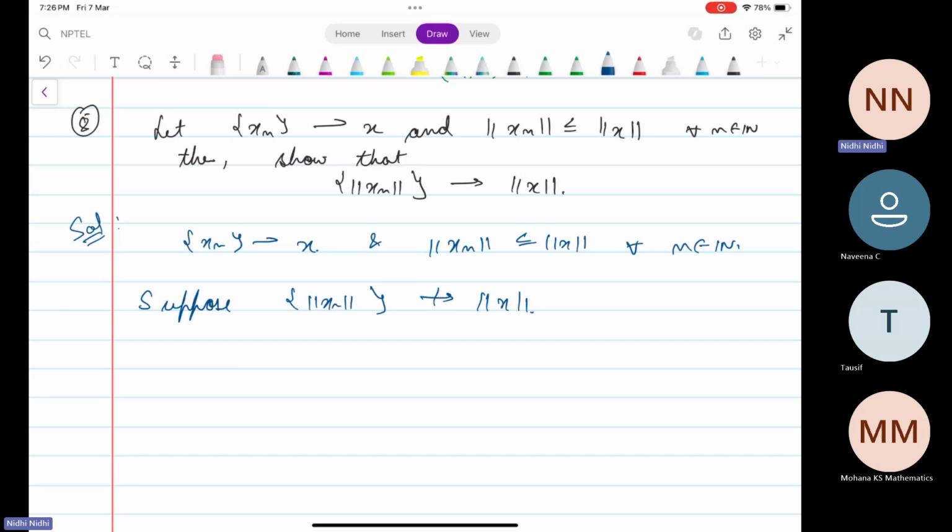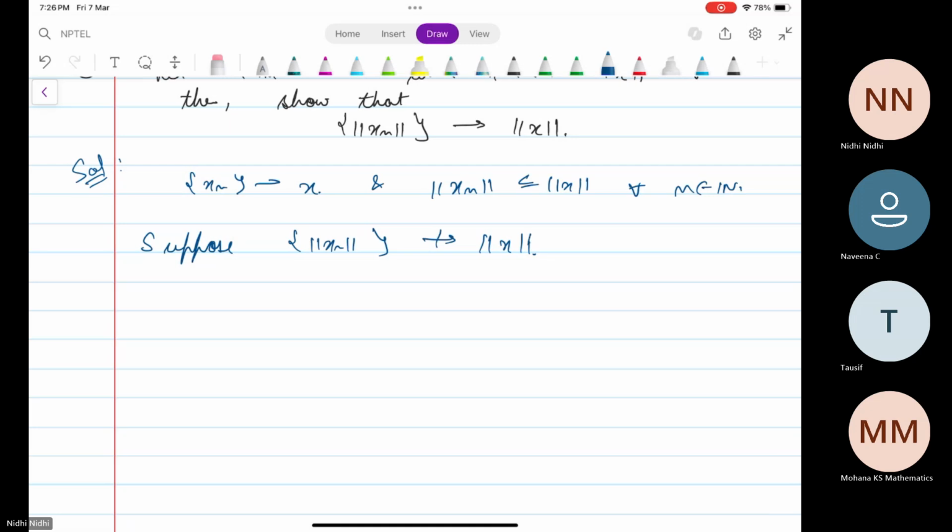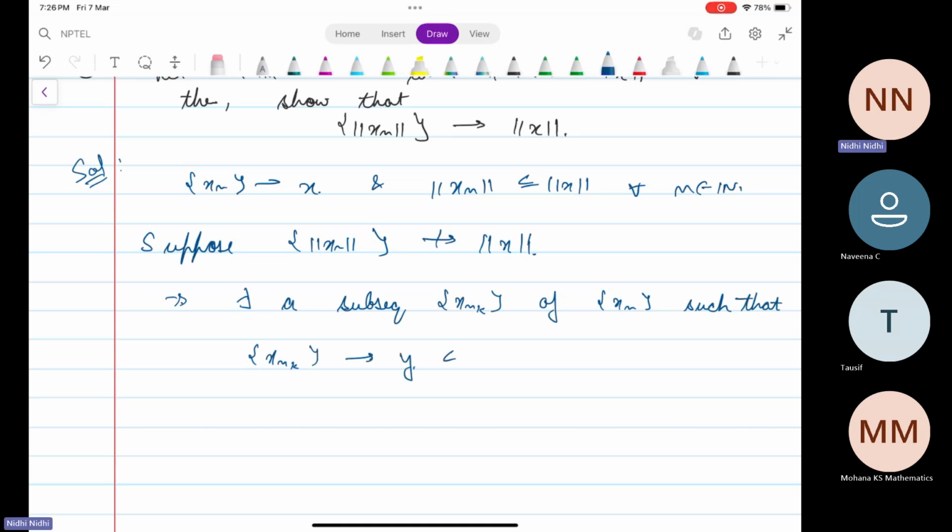In that case, we can find a subsequence that converges to some y which is strictly less than norm x. This implies there exists a subsequence xnk of xn such that norm xnk converges to some y which is strictly less than norm x.